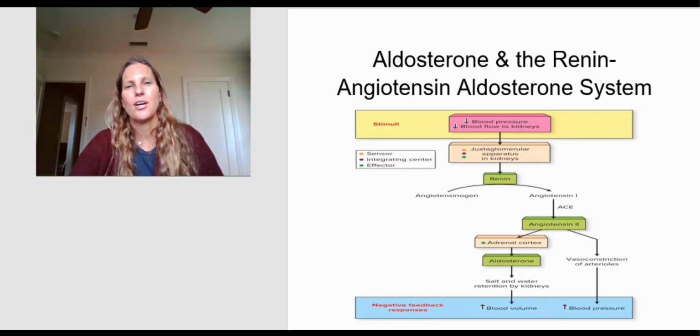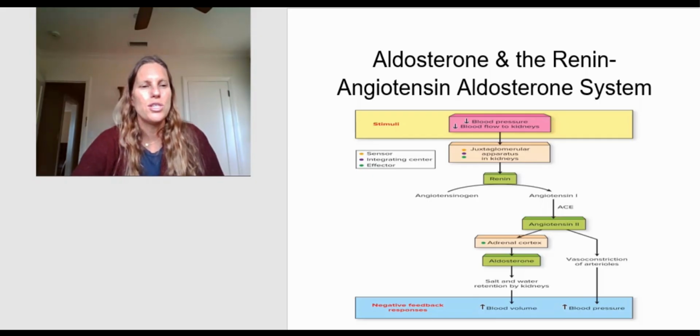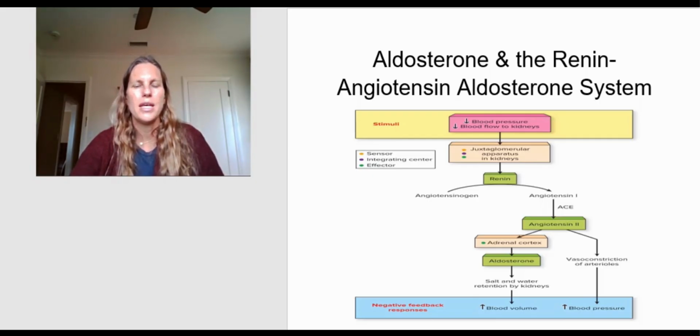So before we can get to the aldosterone, we have to preface that by talking about a hormone called renin, and then another molecule called angiotensin, and then we get to the aldosterone. So this whole thing is called the renin-angiotensin-aldosterone system.